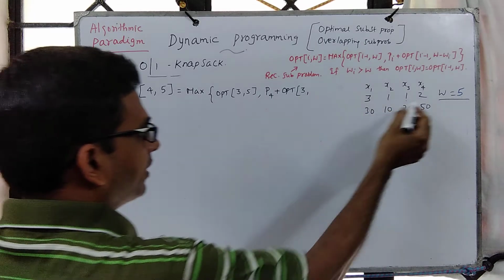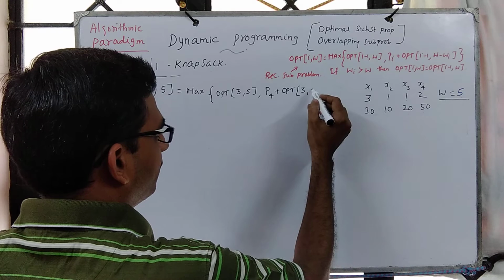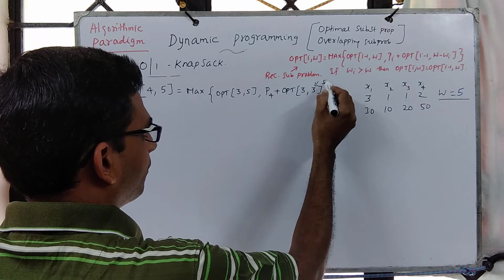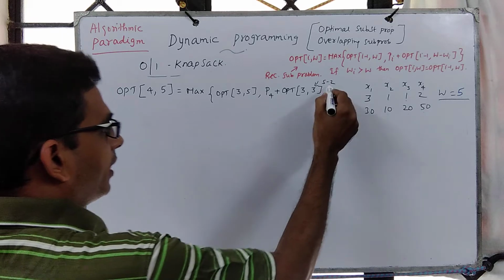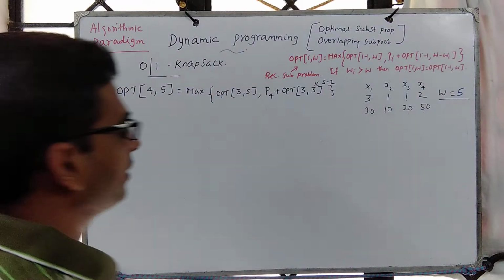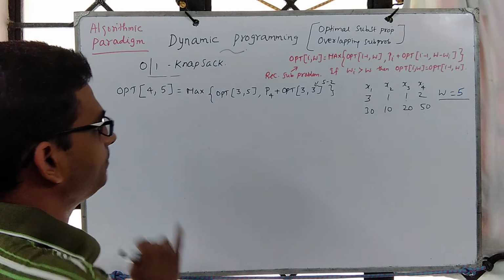If you include the 4th object, then weight will be 5 minus 2, which is 3. And so between these two, whichever is giving max, that would be updated.